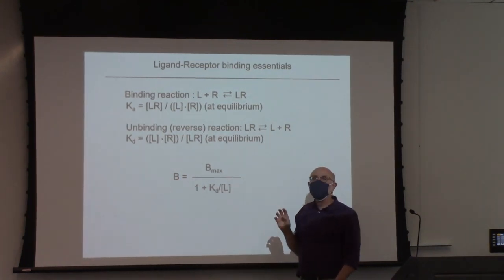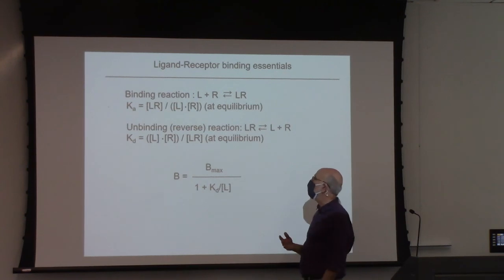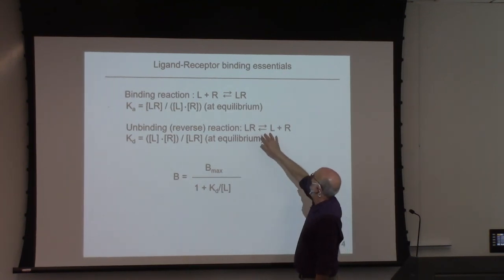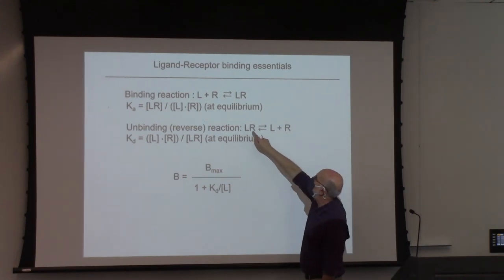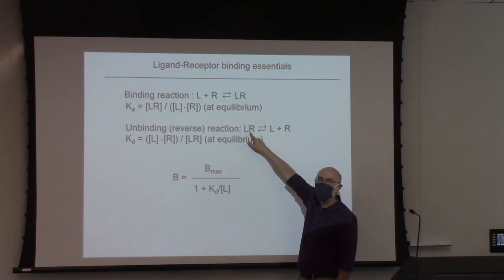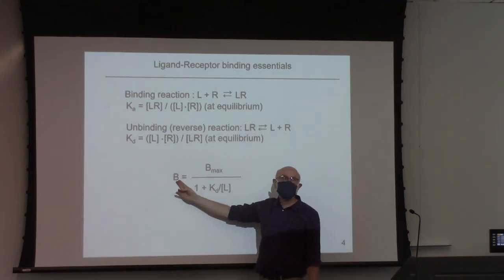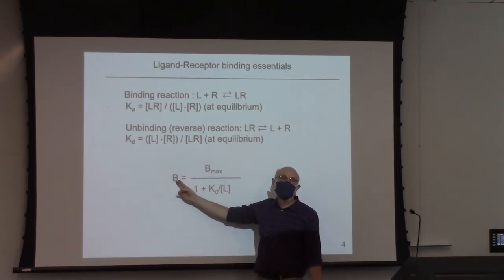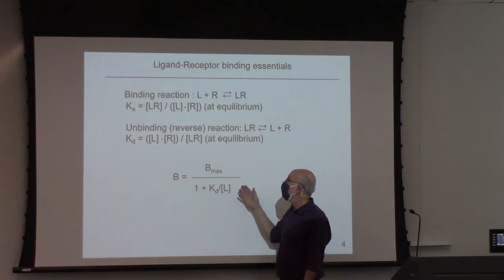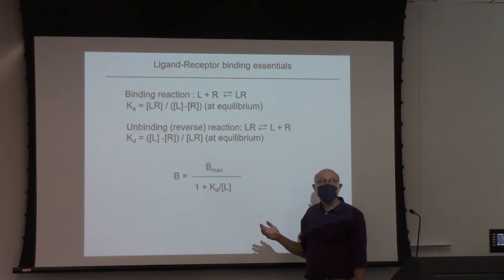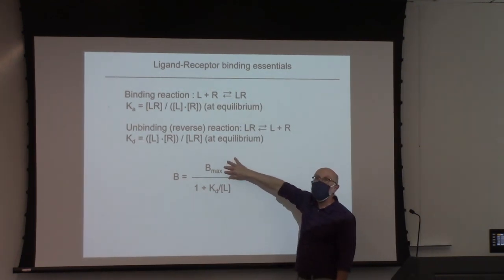If we take the algebra, which I am not going to go through, and we take the idea that the amount of ligand that is bound can be turned into a variable called the amount bound. The amount bound is a function of the maximum amount that can be bound.